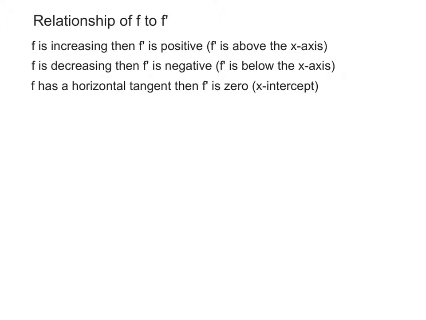If function f is decreasing, then the graph of the derivative will lie below the x-axis for that interval. Wherever function f has a horizontal tangent line, the graph of your derivative will pass through the x-axis. The graph of your derivative will be equal to 0.